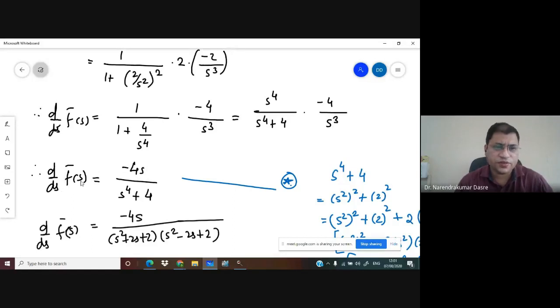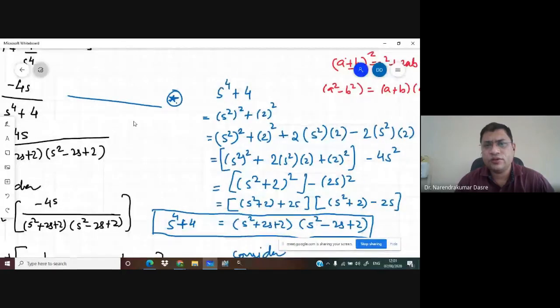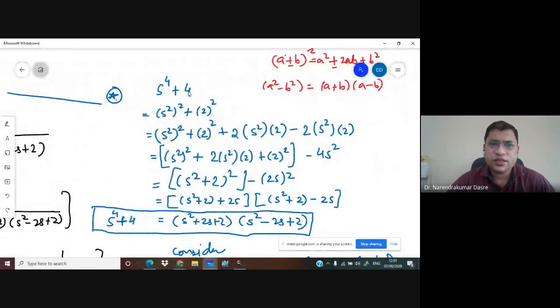So d by ds of f bar of s is equal to minus 4s upon s square plus 4. And now we have to factorize this because we don't have any formula for this s raised to 4 plus 4. So s raised to 4 I can write as s square square, and then we can write this 4 as 2 square.